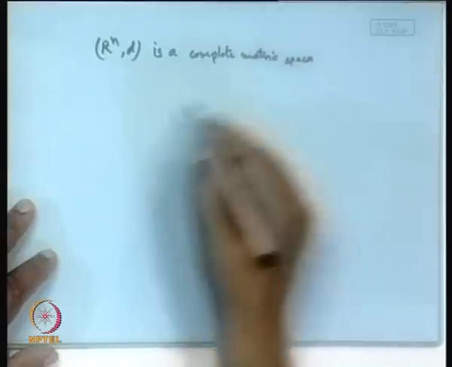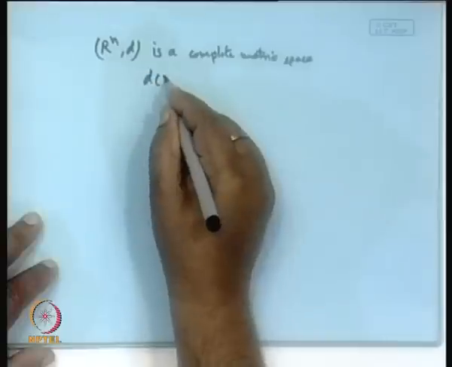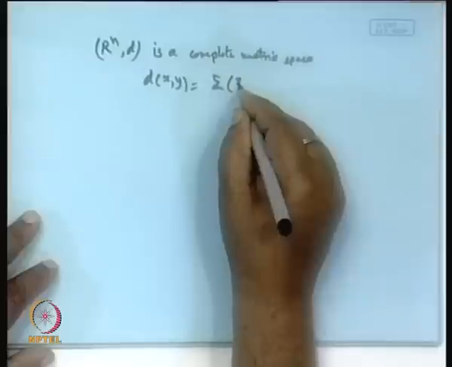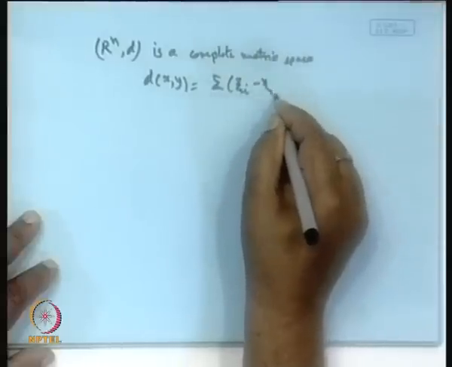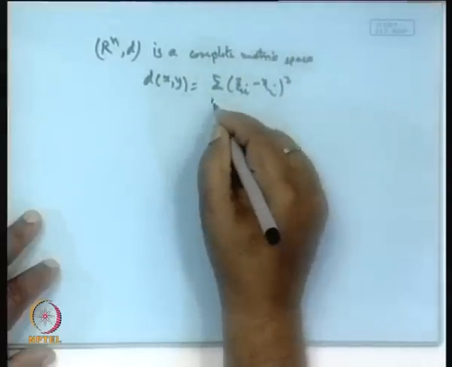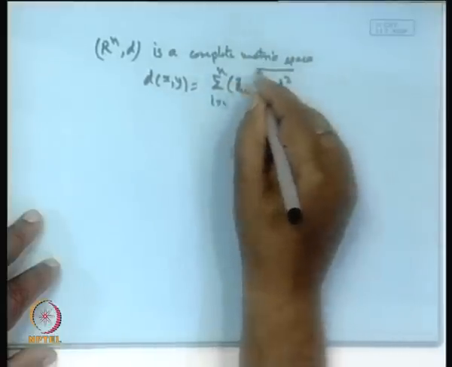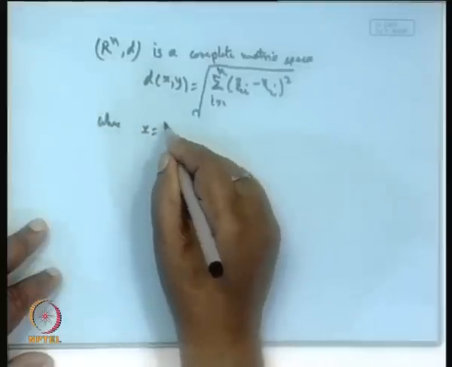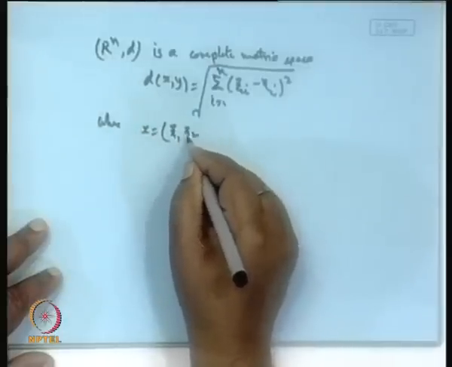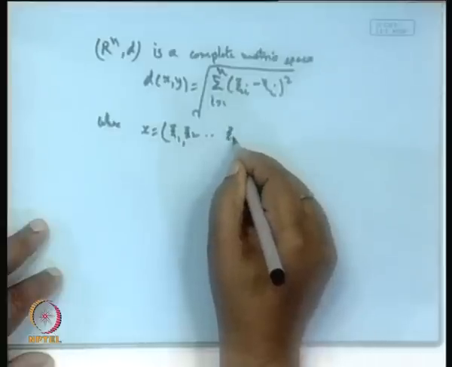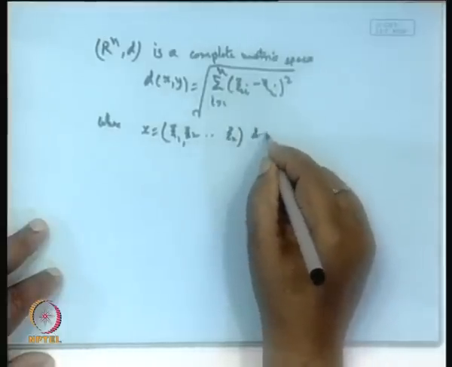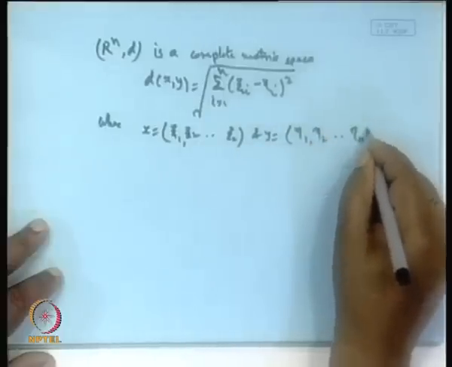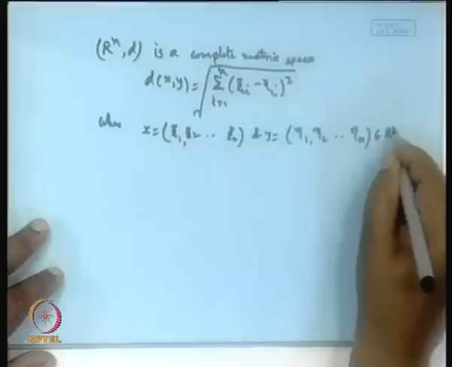Under the metric d, defined as the square root of the sum of mod xi i minus eta i whole square, i is 1 to n, where x, which is xi 1, xi 2, ..., xi n, and y, which is eta 1, eta 2, ..., eta n, are the points of Rn.